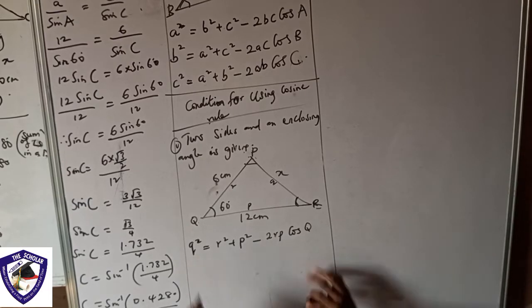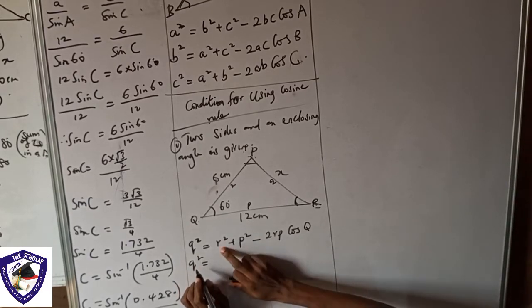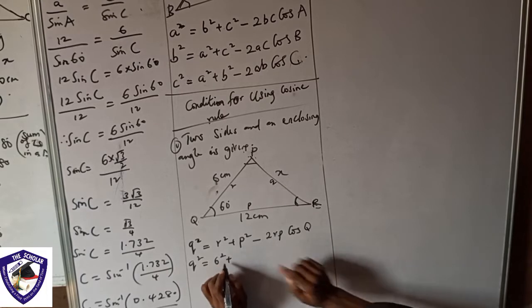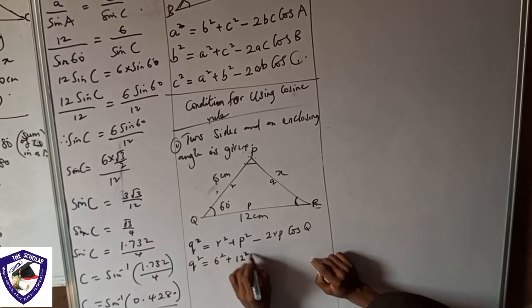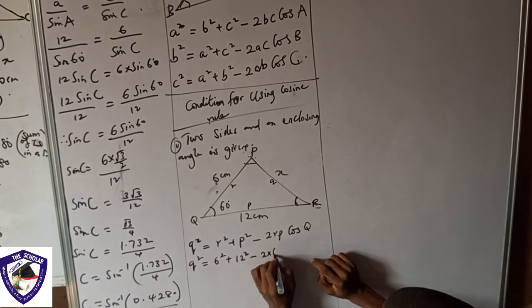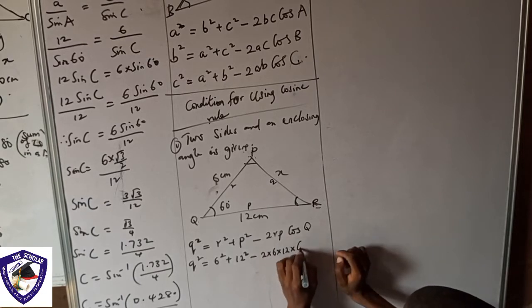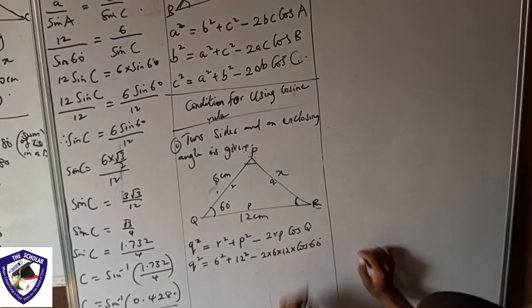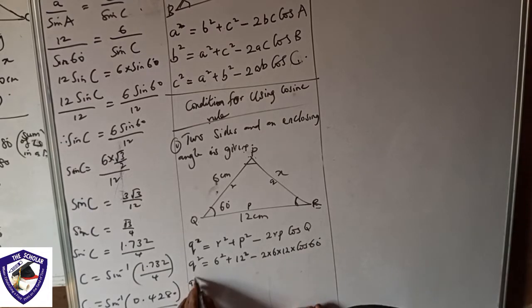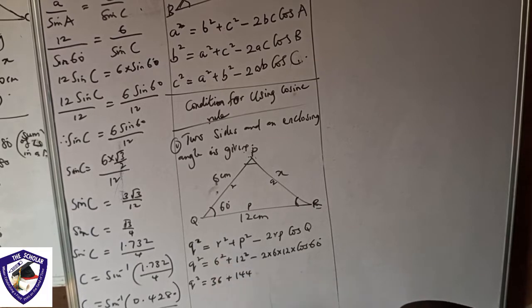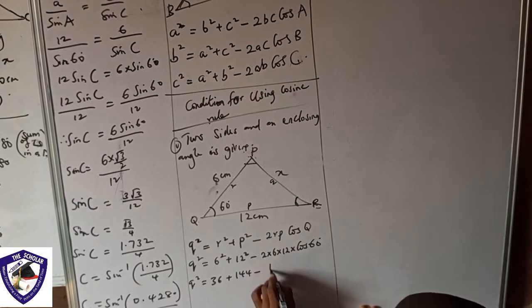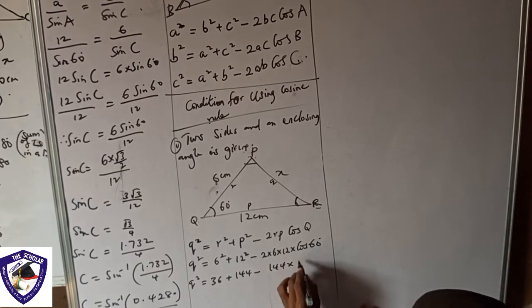So let's substitute now. I have q squared is equal to r, which is 6 squared, plus p, which is 12 squared, minus 2 times 6 times 12 times cos Q, which is cos 60 degrees. That means q squared is equal to 36 plus 144, the square of 6 is 6 times 6 and 12 times 12, minus 2 times 6 times 12, that's 144, times cos 60, which is half, or 0.5.